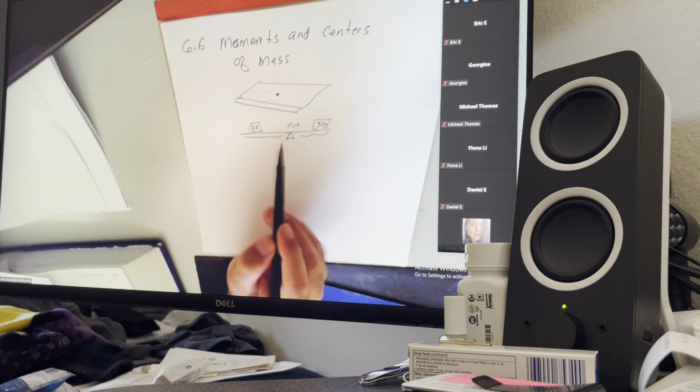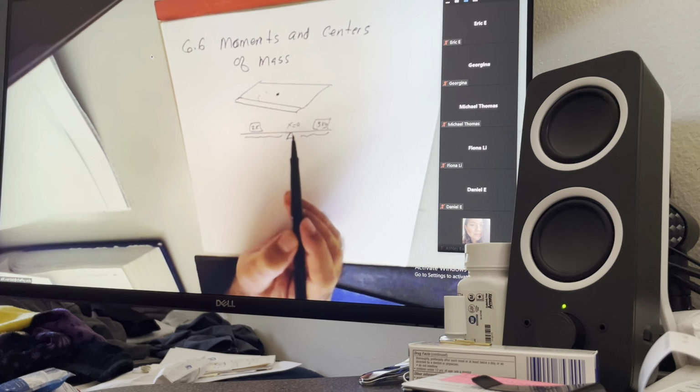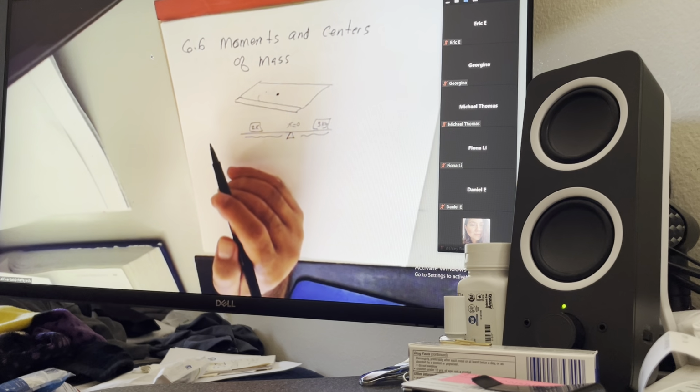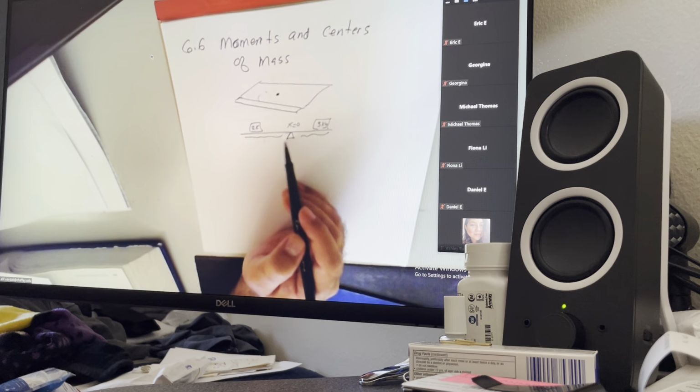So they want to know the center of mass. If I move this weight to this side, this is 4 coulomb. I'm just giving a general example of what the center would be if it's not evenly balanced.